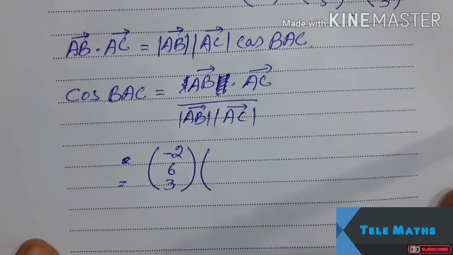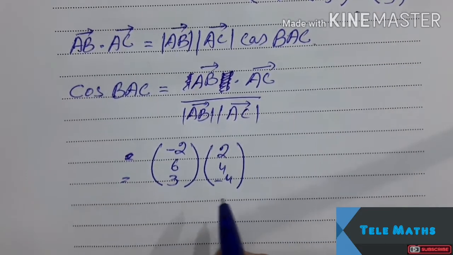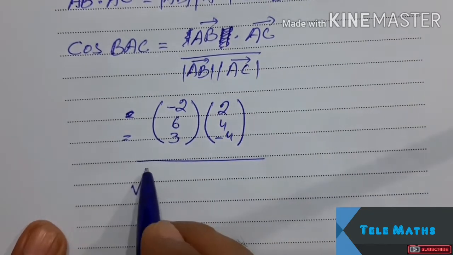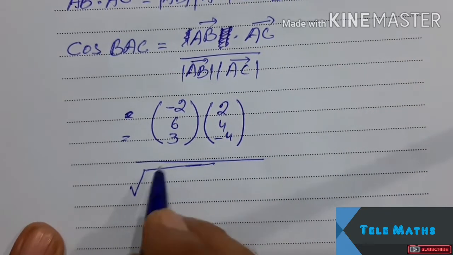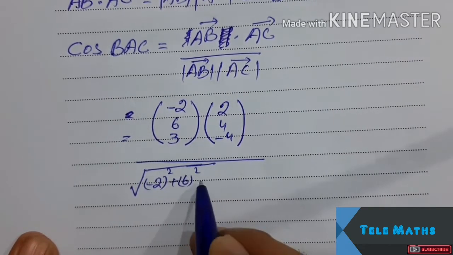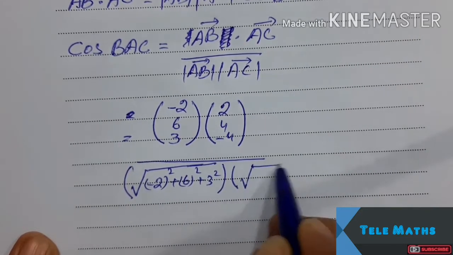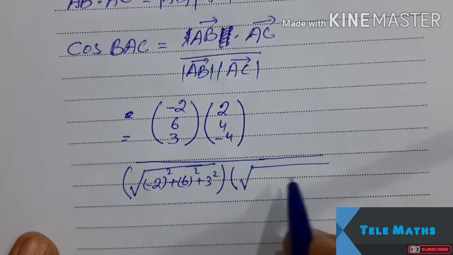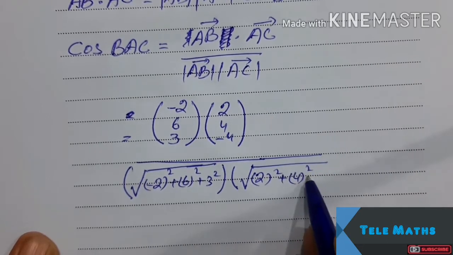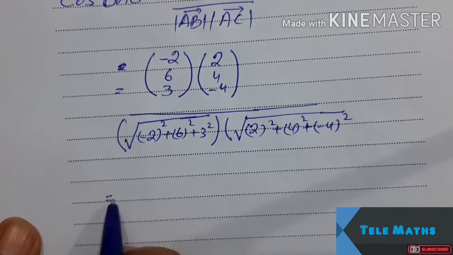AC from the previous part is (2, 4, -4), over the magnitude of AB, which is the square root of minus 2 squared plus 6 squared plus 3 squared, and the magnitude of AC, which is the square root of 2 squared plus 4 squared plus minus 4 squared.